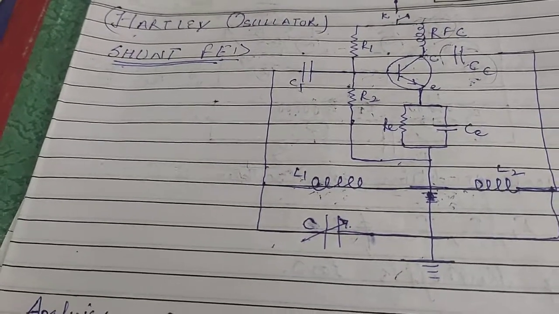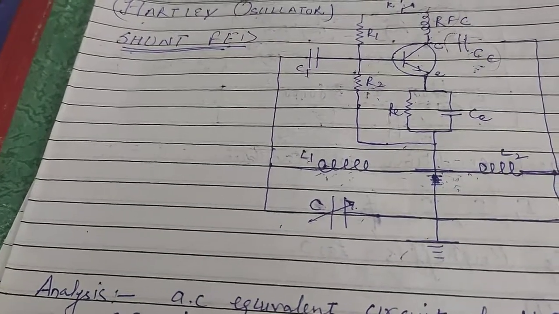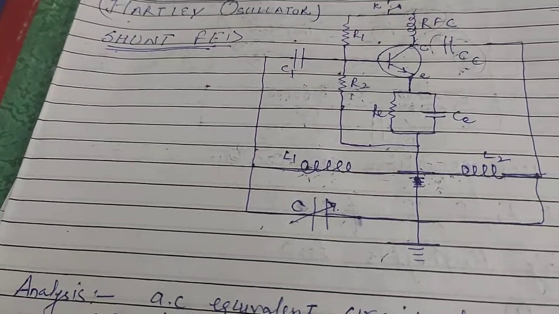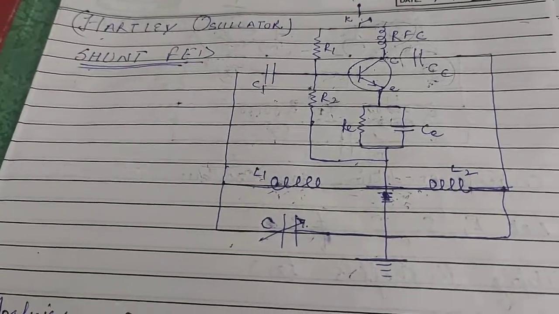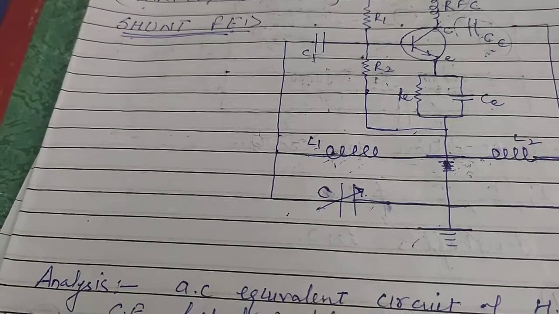The frequency determining network is L1, L2 and C, where C is our variable capacitor, and coil L1 is inductively coupled to L2, and this combination also acts as an auto transformer. Here we have connected a variable capacitor C across the coils.